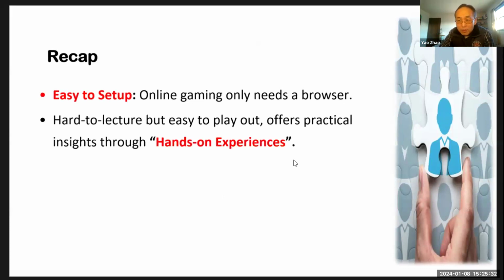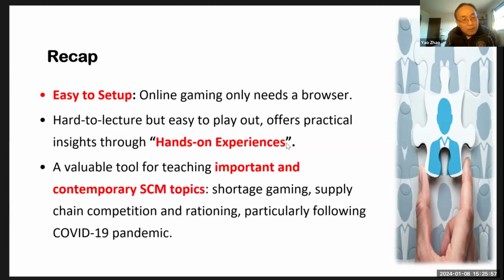It also provides solutions to topics that are traditionally hard to teach by lectures, and offers practical insights through hands-on experience for students. Students are happier and learn more using the game. It also provides a valuable teaching tool for an important and contemporary supply chain topic, which is shortage gaming, supply competition, and rationing, particularly following the COVID-19 pandemic.